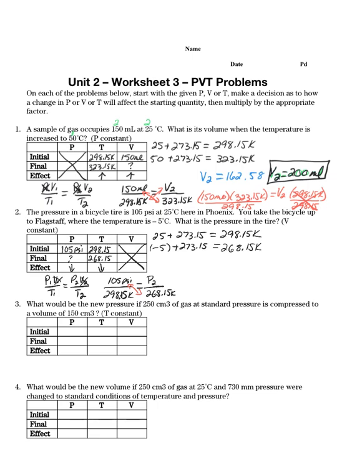So when I cross multiply, I get 105 psi times 268.15 degrees Kelvin. Now I'm ready for this one. Pressure 2 times 298.15 degrees Kelvin.